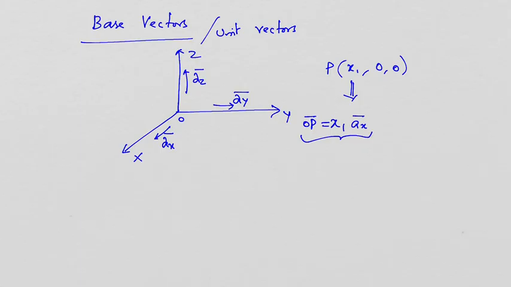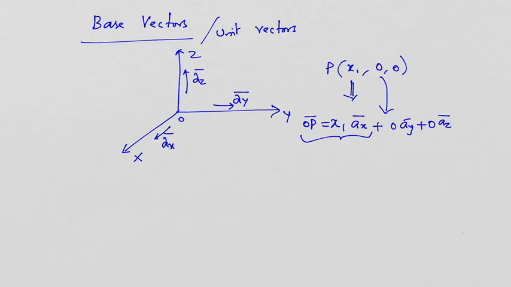By joining the origin to the point P, I can create a vector, and the vector will be represented as x1 aX. So the base vectors are very important in representing a vector in terms of its components along the 3 coordinate axes. Or I can even mention this as 0 times aY, and 0 along the z-axis. So those 3 coordinates are converted into a vector.